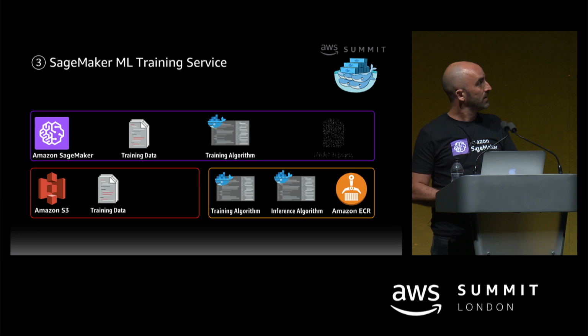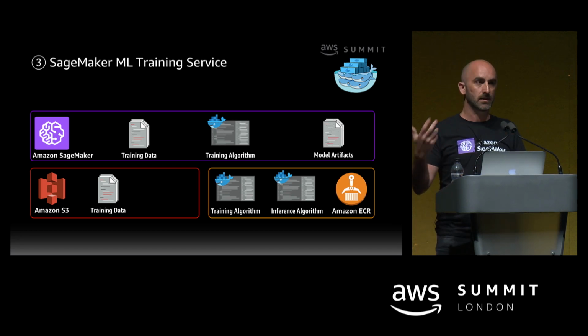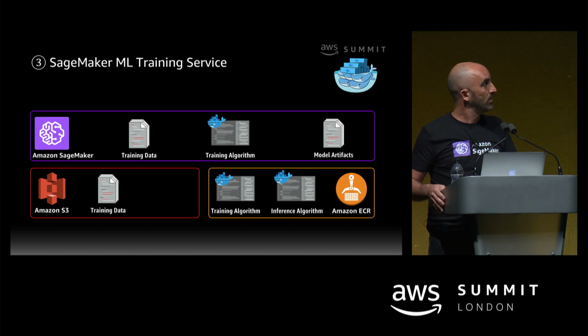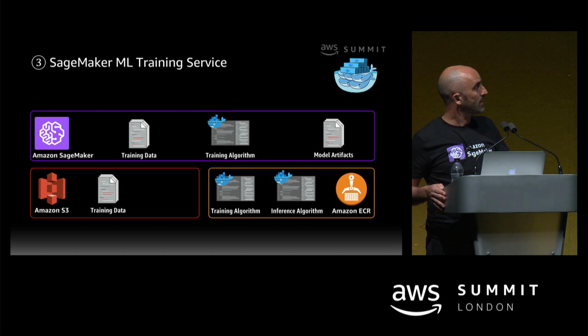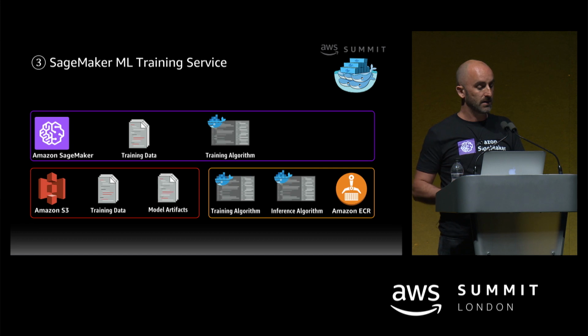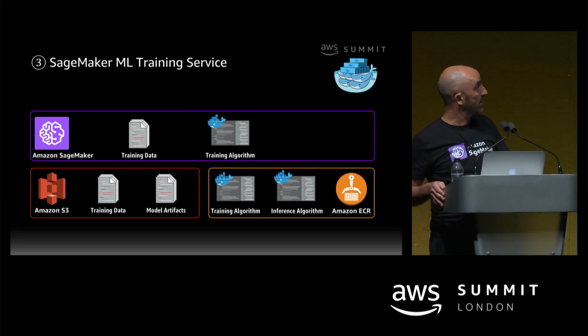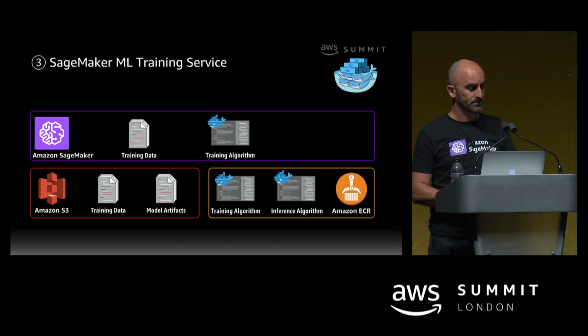And at the end of it, it'll generate a model artifact. So this is typically, say if it's a neural network, all of the weights of the neurons, saved in some sort of format, typically a zip file. Once SageMaker has the model artifacts saved locally, it will then upload those model artifacts up into S3. So that's in a nutshell how the training service works.